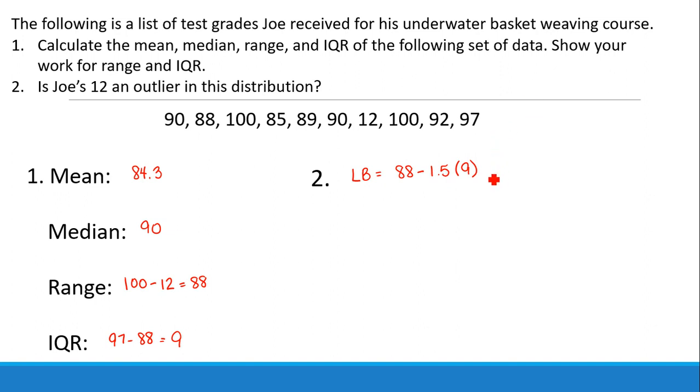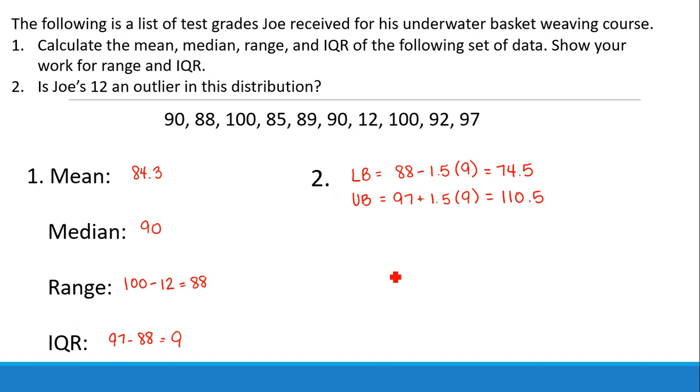And that gives me 74.5. My upper boundary is going to be 97 plus 1.5 times my IQR of 9. And that gives me 110.5.